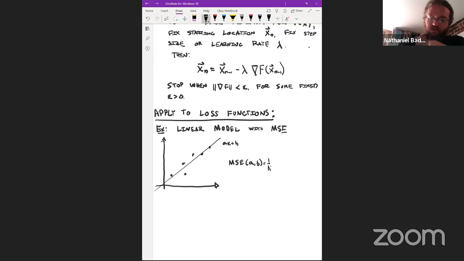And it is equal to 1 over n times the sum from i equals 1 up to n of, let's keep everything t and y just for convenience, so this is going to be the sum of yi minus a ti minus b, right? So this, of course, is our guess for each y, squared.